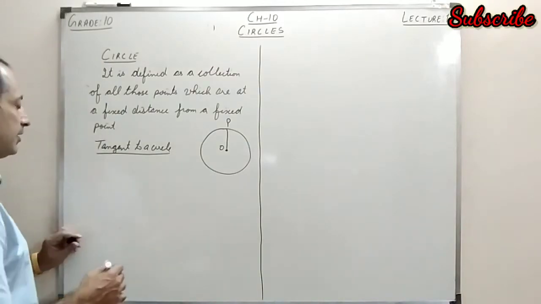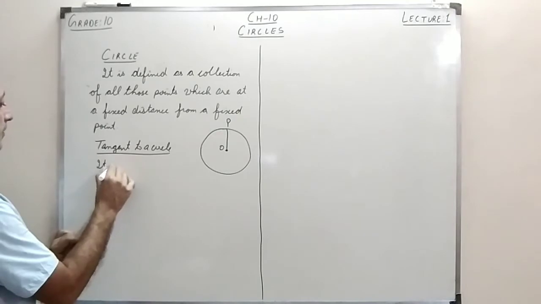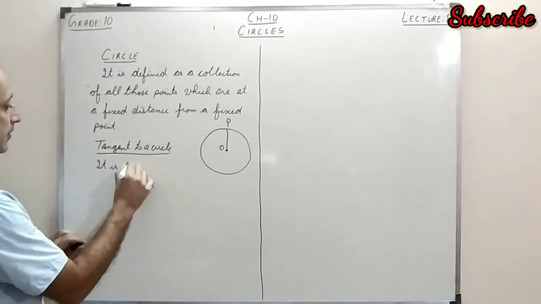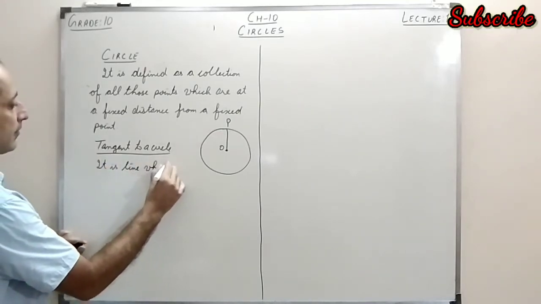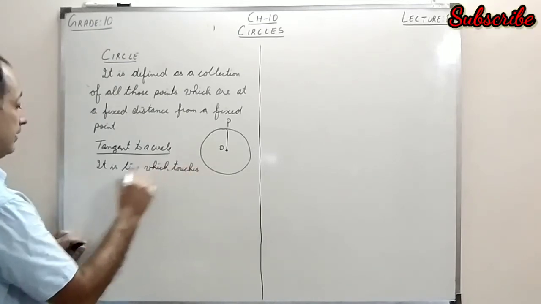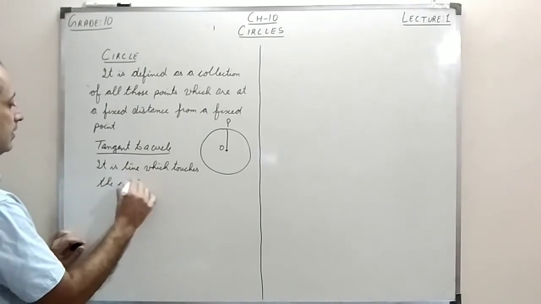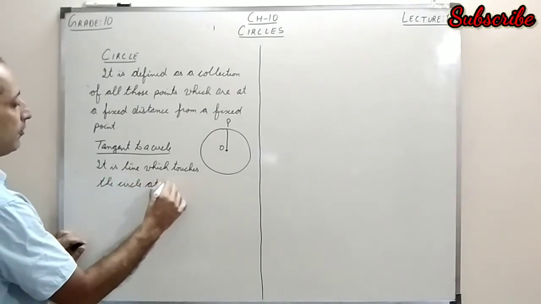Now what is a tangent basically? A tangent is a line which touches the circle at one point.